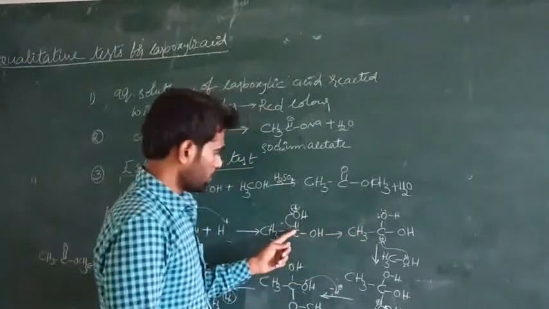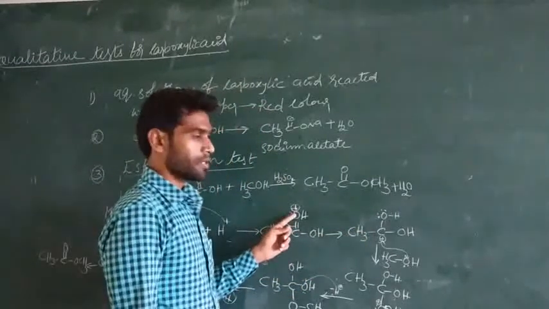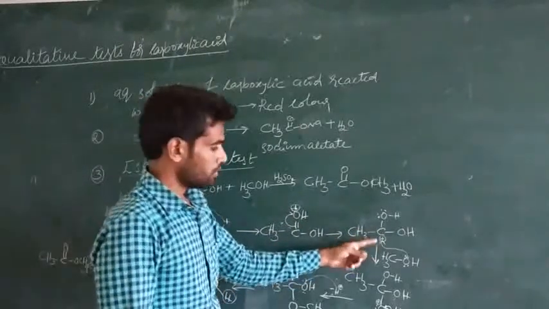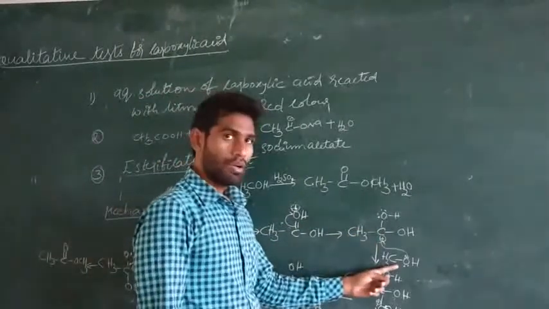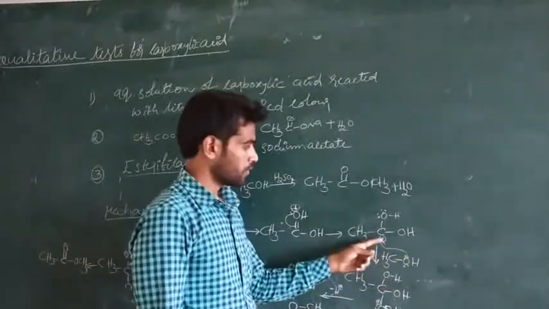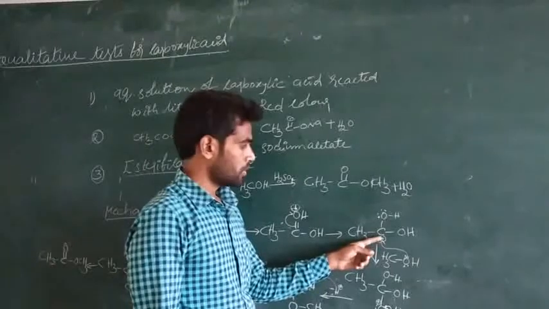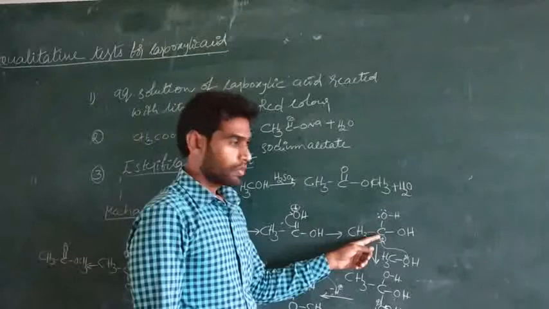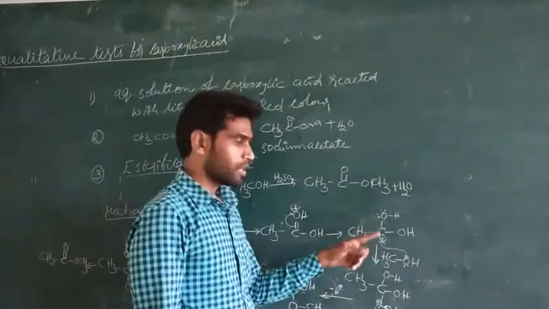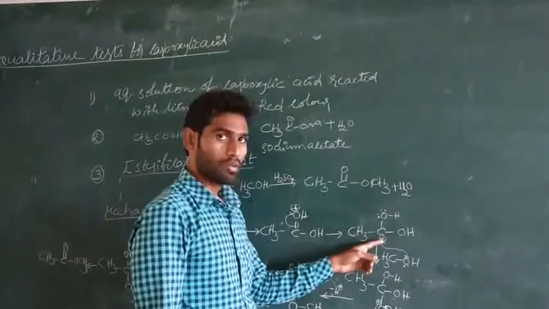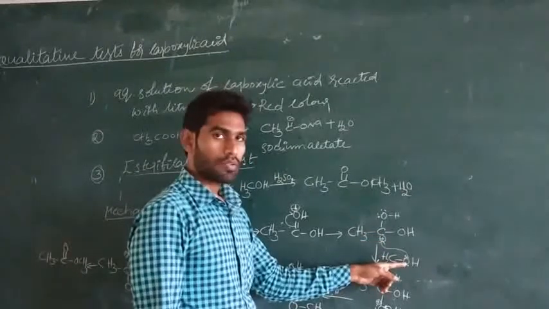But when pi electrons are shifting towards the oxygen atom, carbon atom is getting positive charge. At this time the methanol's oxygen atom is making a bond with the carbon atom. We said to make a bond we need 2 electrons, but carbon does not have any electrons to make a bond with the oxygen atom.